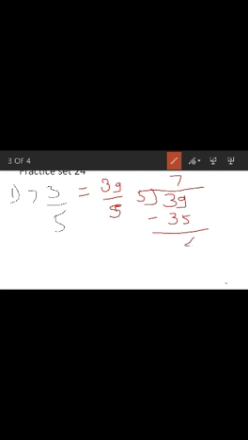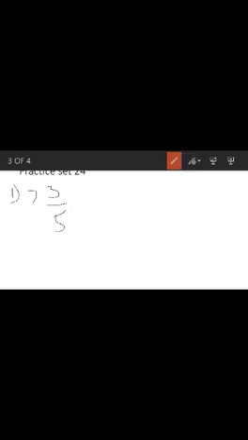Okay, 5 7s are 35. Now 9 minus 5, 4. 3 minus 3, 0. Now students, see here what will happen. We cannot divide 39 by 5 completely. We'll get 4 as remainder and 7 as quotient. For that we need to add 0 after 39, so 39 is equal to 39.00.